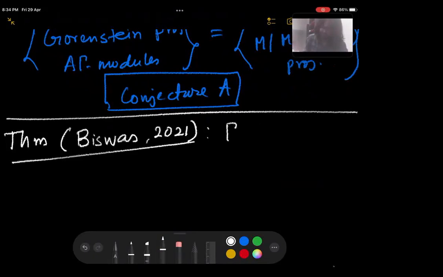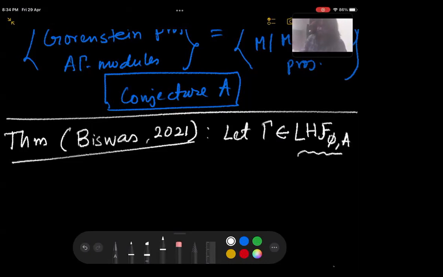For all gamma, let gamma belong to a class of groups. I'm not going to be vague anymore. I'll just write down what class I mean, and once I've stated the theorem, I'll tell you what that symbol actually means. I'll tell you what it means in a minute.